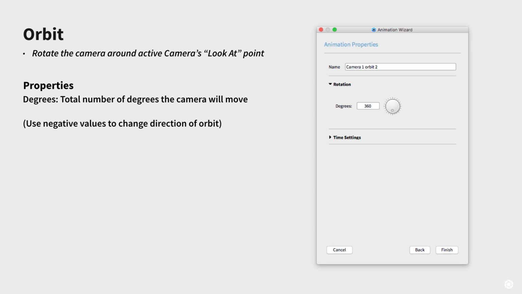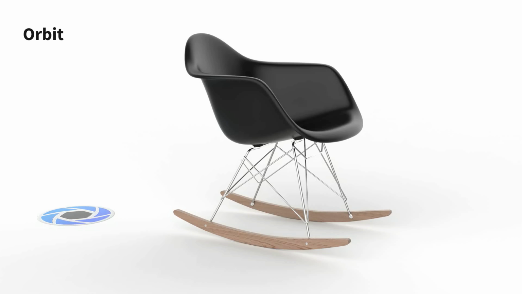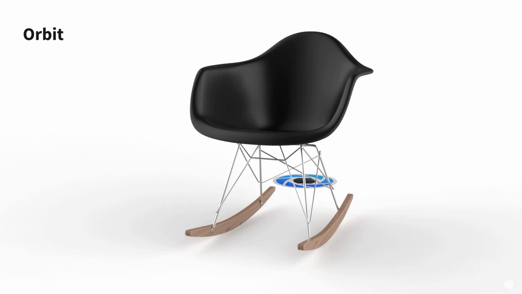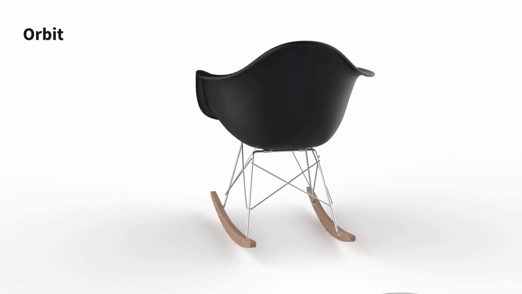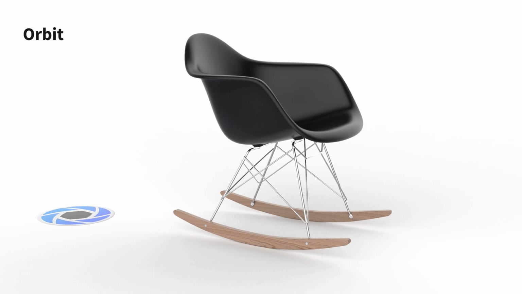And we could, of course, change the direction of that orbit by using a negative value instead of a positive value of 360 degrees. In this chair here, we can see the camera does an orbit around the chair, and we know that because the sticker on the ground appears to be moving as well. And obviously the camera was looking at the center of that chair because the chair itself stayed right in the middle of the frame.